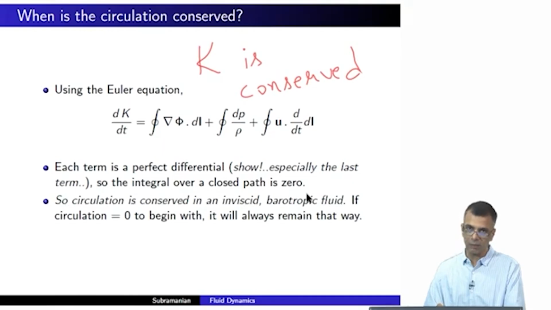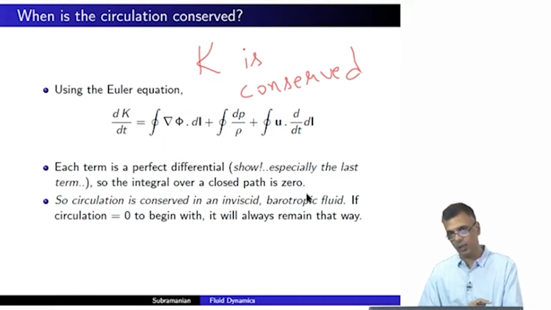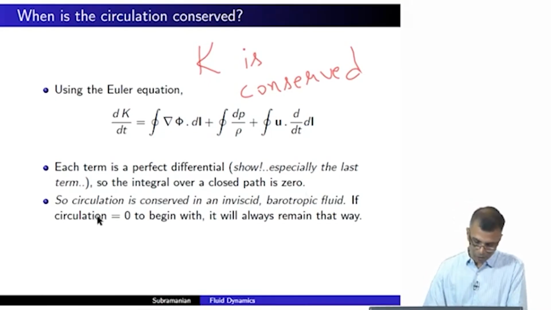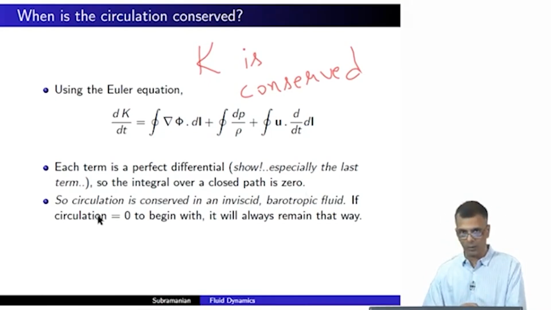Also importantly, it's true only for situations where either the body force is absent or the body forces can be described using a conservative potential. That's not written here, but I want you to keep that in mind firmly. So if the circulation was 0 to begin with, it will always remain that way, right?